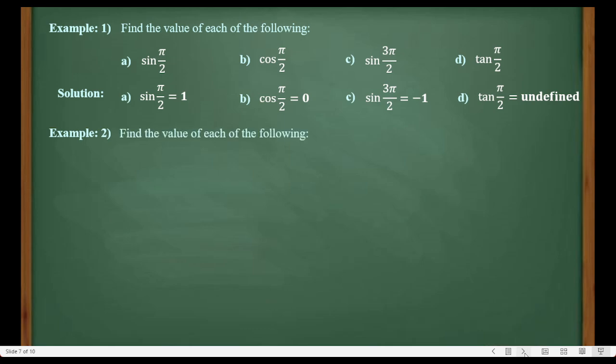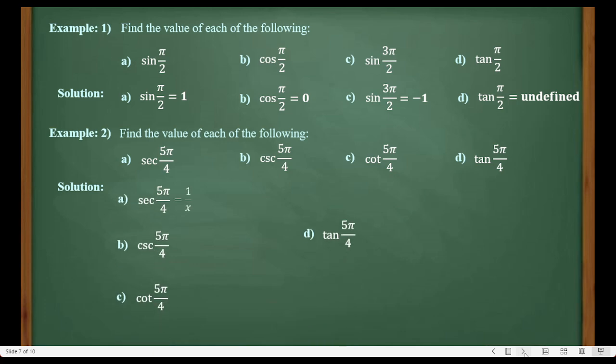Example number 2. Find the value of each of the following. Secant of 5 pi over 4 is 1 over x. And what is x? It's negative square root of 2 over 2. Or that is negative square root of 2. Then cosine of 5 pi over 4 is negative square root of 2 over 2.